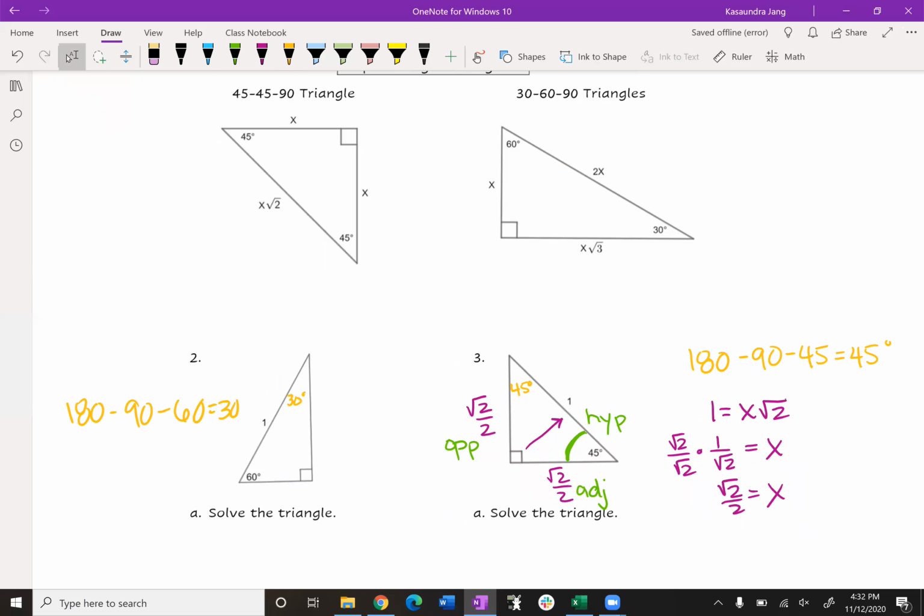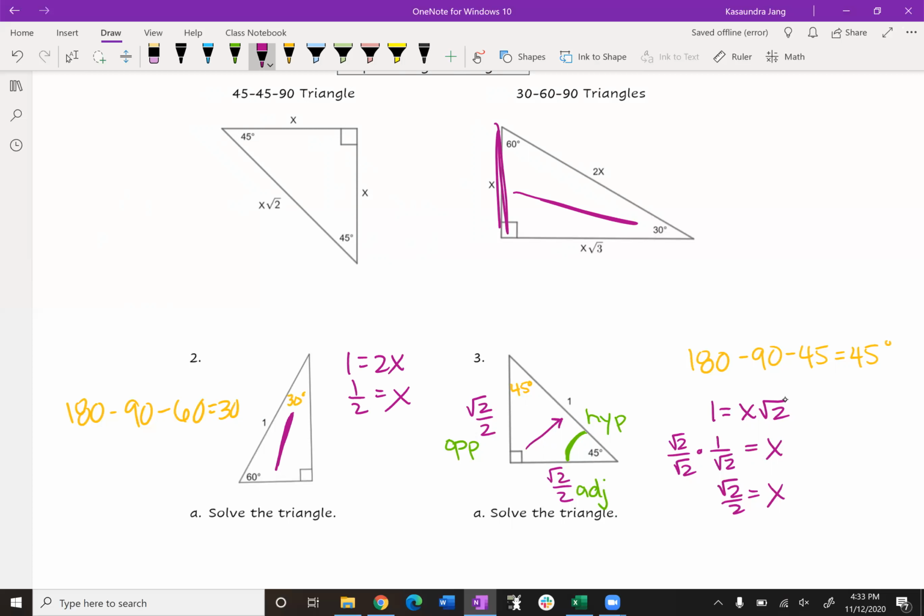Okay, and then they gave us the hypotenuse across from the 90. So that's going to be equal to, off of my 30, 60, 90, the 2x for my hypotenuse. So I'm going to set this 1 equal to 2x. So divided by 2 on both sides, 1/2 is my x. Now the x goes across from the 30.